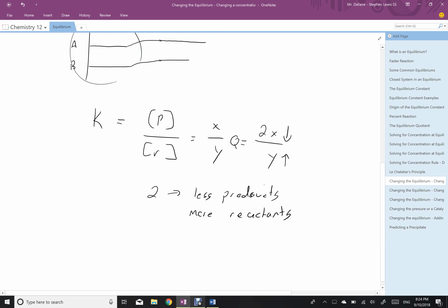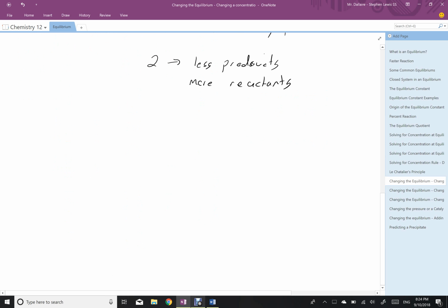Let's look at this one more time, but from the perspective of increasing the A or the B population, and then we can talk about the collisions. So let's imagine again we're at equilibrium. We have some A's, we have some B's, and we have some AB's. And you're going to notice I'm going to make this equilibrium the same as the original one.